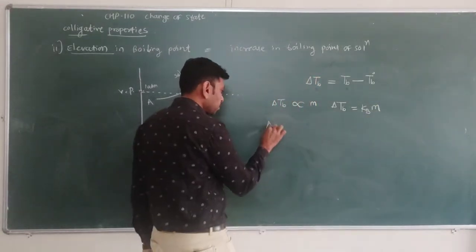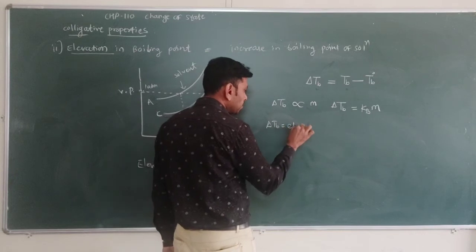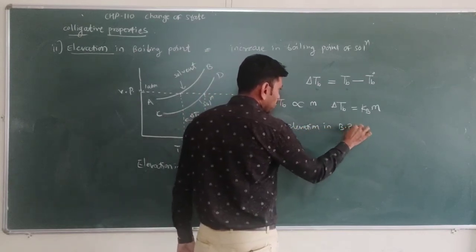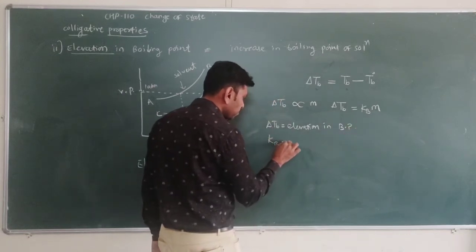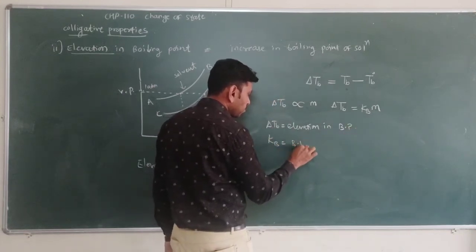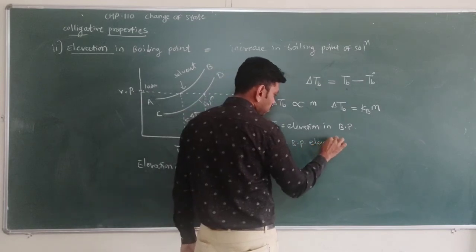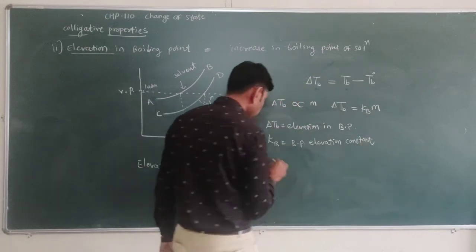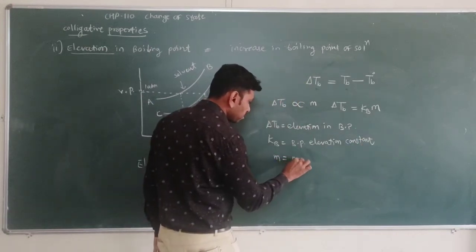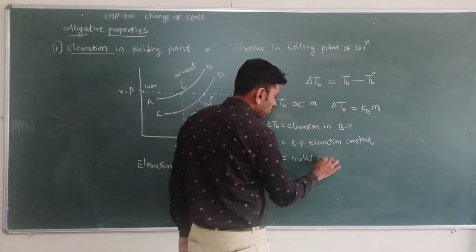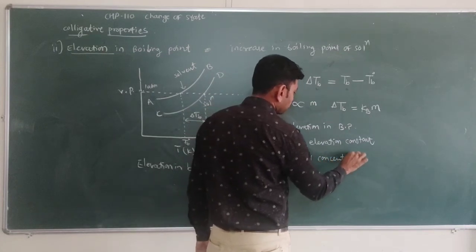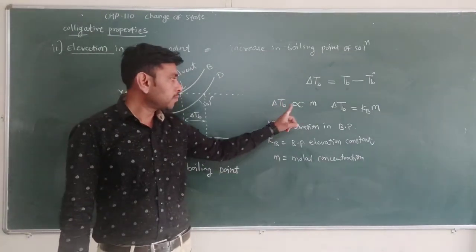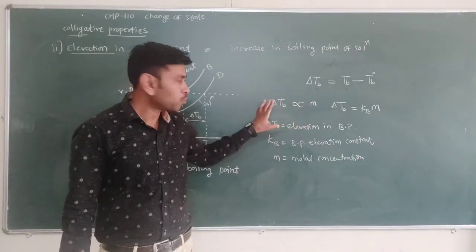In this equation, delta Tb represents elevation in boiling point, Kb represents the boiling point elevation constant, and small m represents molar concentration.